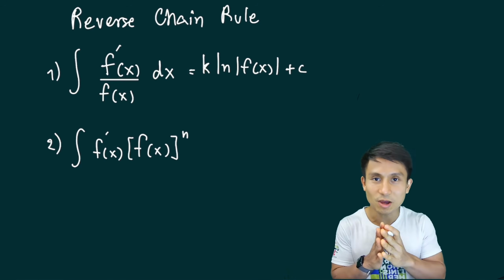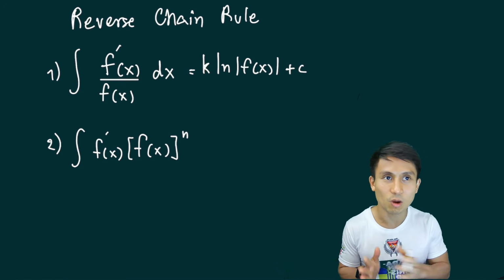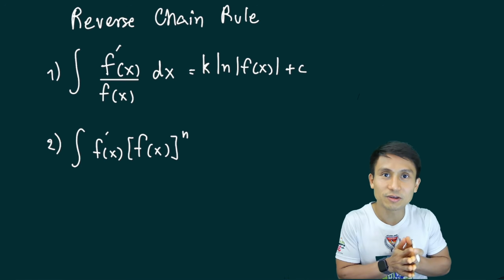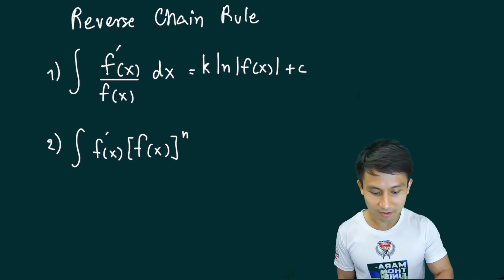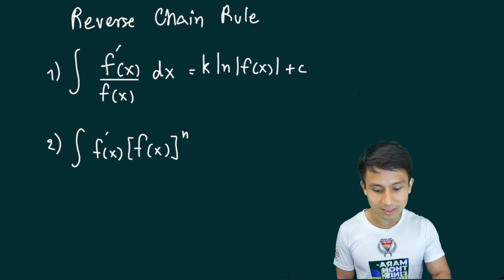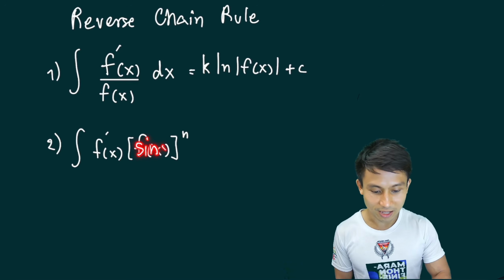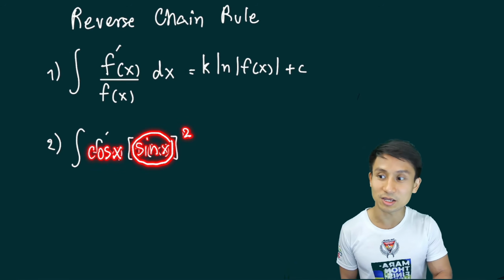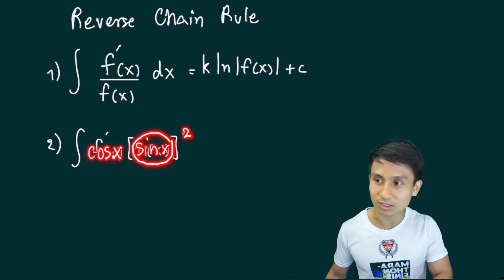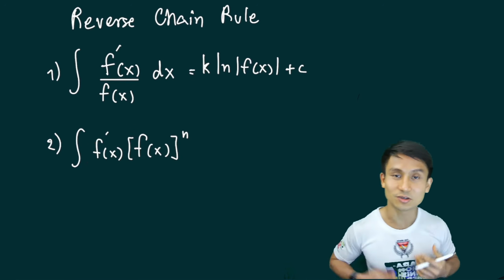So this is where you have a product of 2 functions where one is the derivative of the inner function next to it. So here we have, let's say this is sine x to the power of 2, and if you try differentiate this, you will have a cos x around here. Although sine x is to the power of 2, but you have cos x outside, that will be this form.